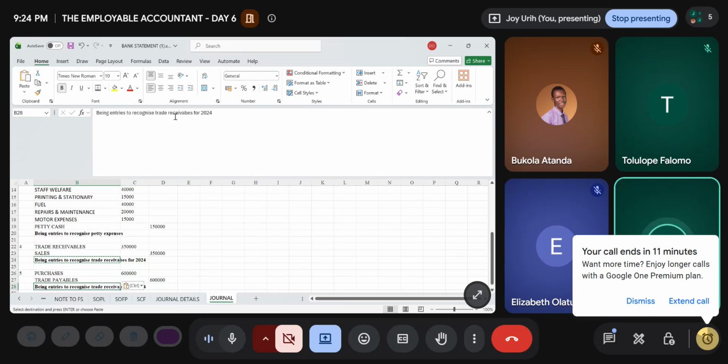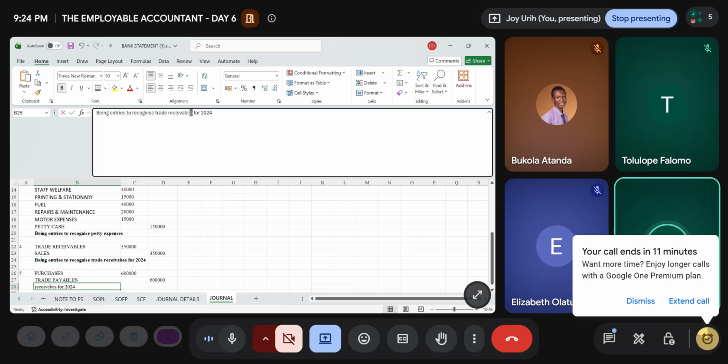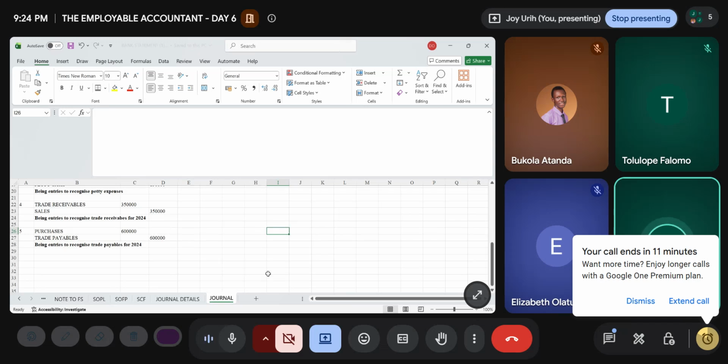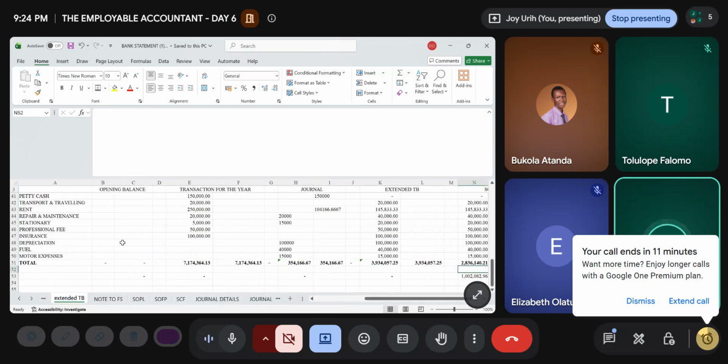So we'll just change this to payables. So the next thing is to incorporate both in our financial statement. So to start with our extended TB.